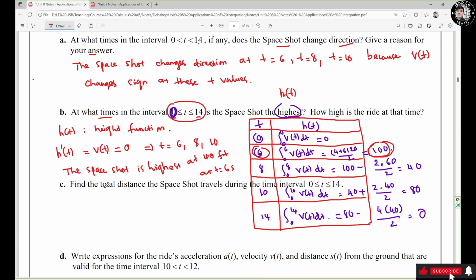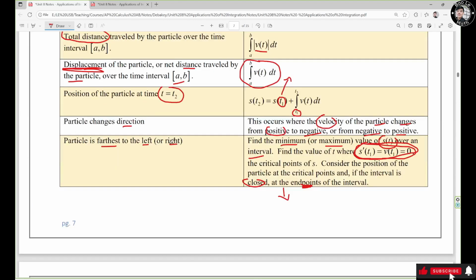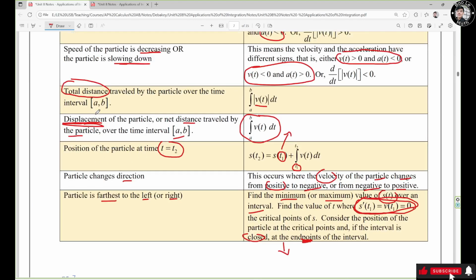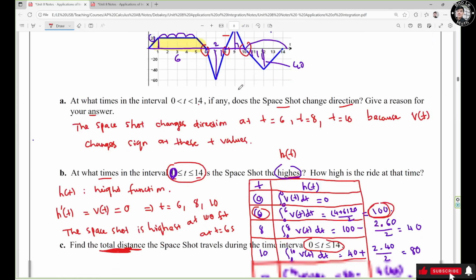Now question C, find the total distance. Remember, total distance must be positive, right? The spaceship is traveling during the time interval 0 to 14. So we look at the formula right here. Total distance is the integral from a to b of the absolute value of v of t dt.